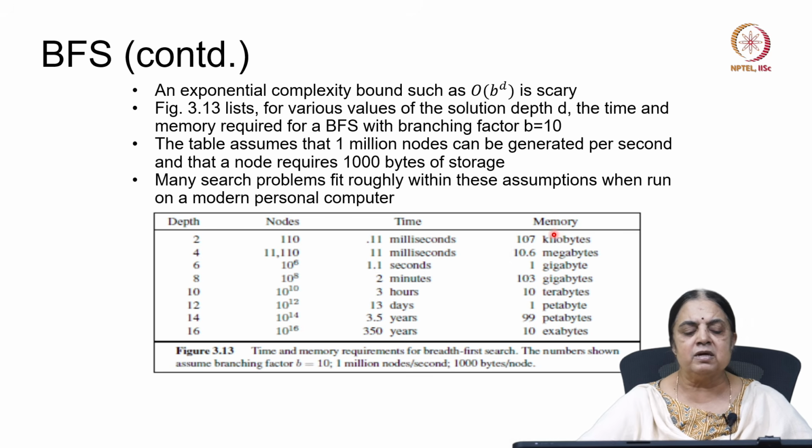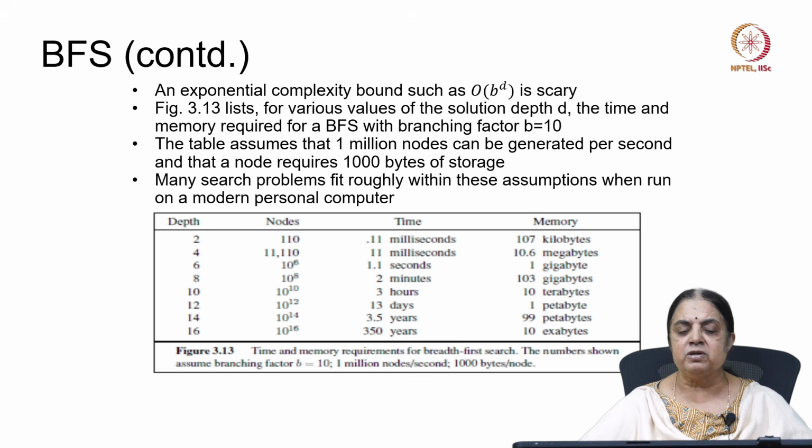We can see that with depth 8 you get 103 gigabytes, and with depth 12 it's 1 petabyte. You need 1 petabyte to store it, and then it becomes exabytes when the depth goes to 16, right. So it increases very fast, the amount of space that you require, amount of time that you require.